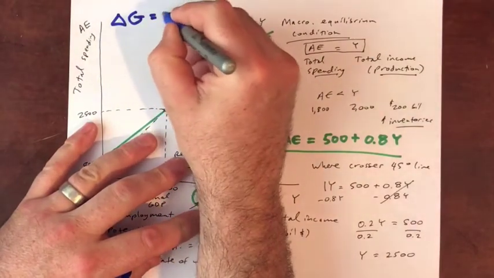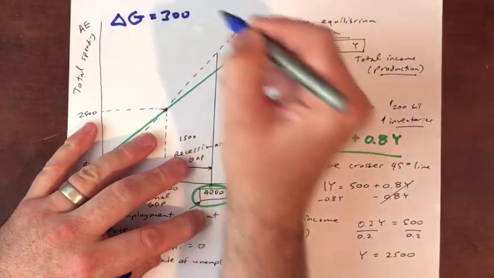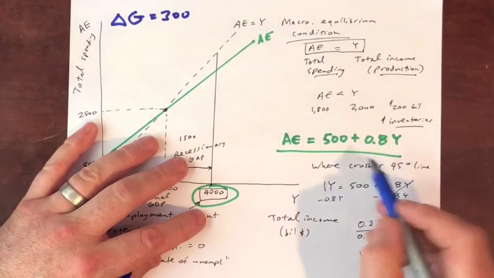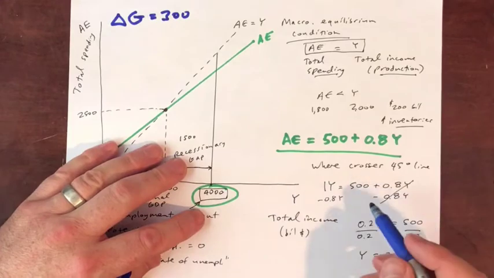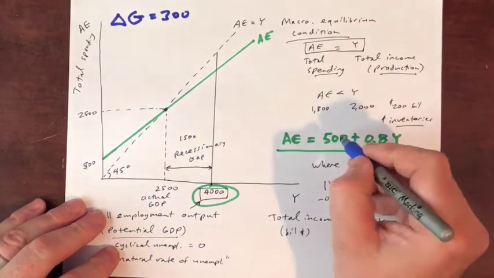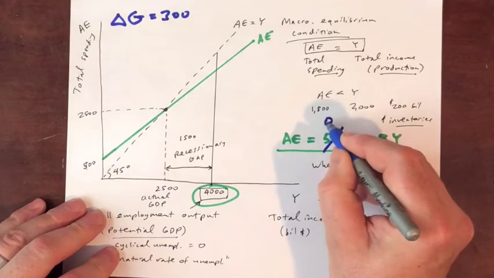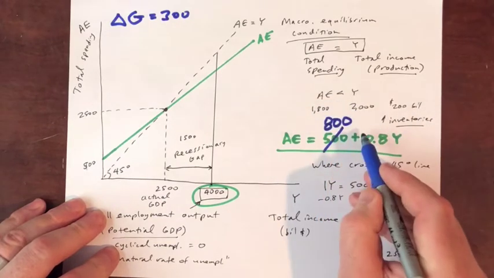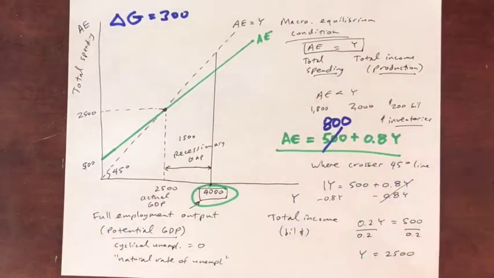of $300 billion. If we do that, we're going to get a new version of this. We are essentially shifting this up, adding 300 here. We are going to get now 800 plus 0.8 times y.